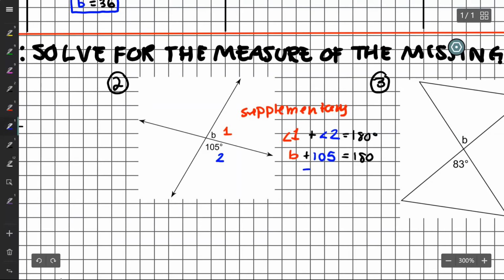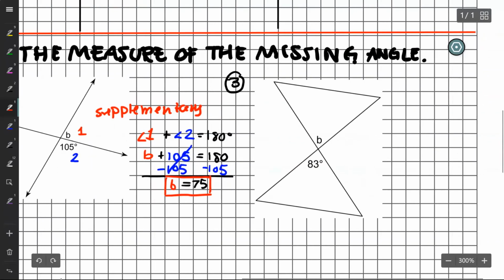And I want to get B by itself, so I'm going to subtract that 105 from both sides. That's going to cancel. And 180 minus 105 is going to give me 75 equals B, and there's my answer.